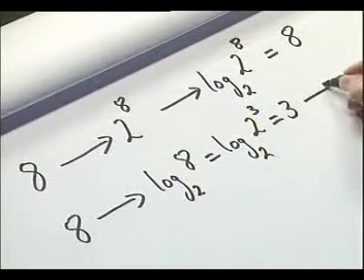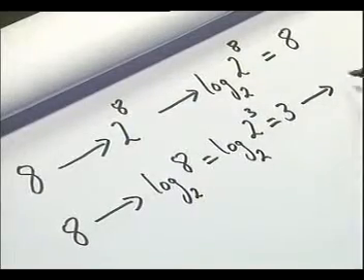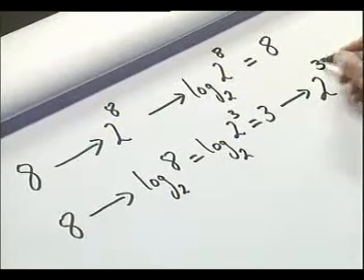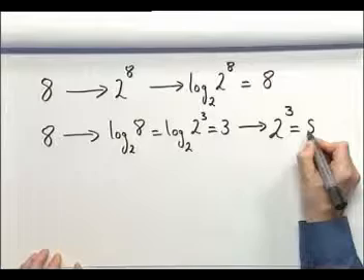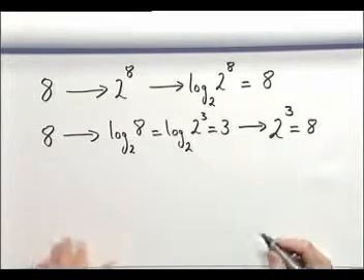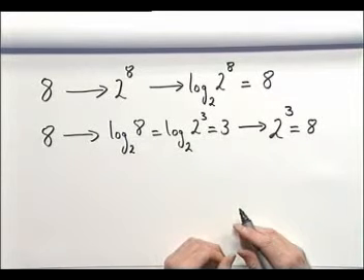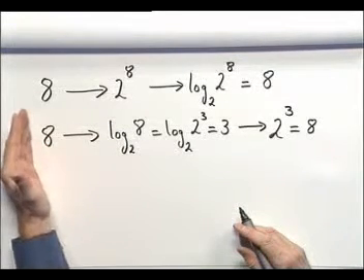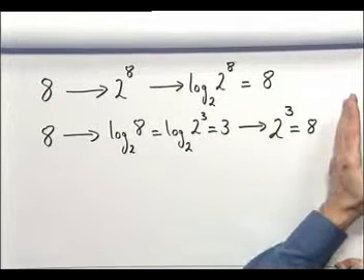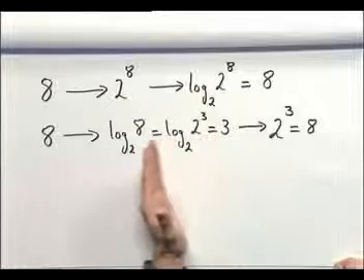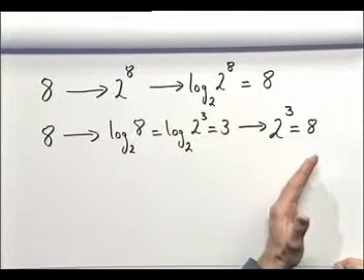Now, I take my base number 2 and I raise it to this power 3, and the answer's 8. So again, I've done these two operations in a different order, but the number that I started with and the number that I end up with are exactly the same. So what I've got here are two inverse operations. What one does, the other one undoes.